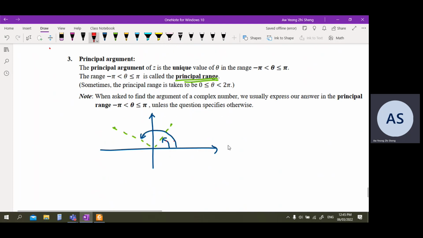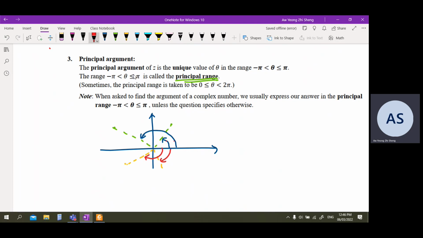But if you have a point in quadrant 3 or quadrant 4, then to obtain an answer in the principal range, we are going to measure the angle in the negative direction, so that the magnitude of the angle is still less than pi. And so that will ensure that the angle that you get will fall within the principal range.